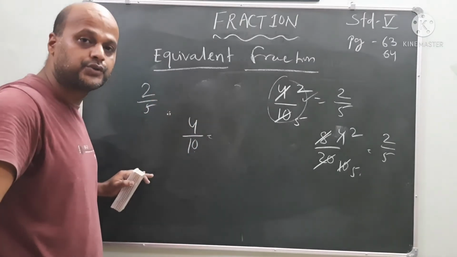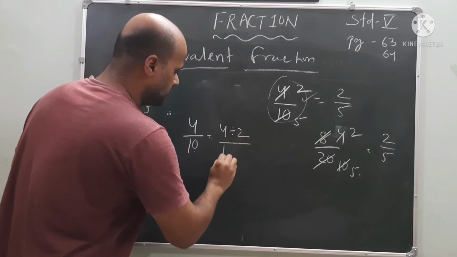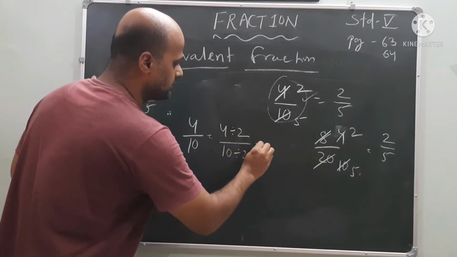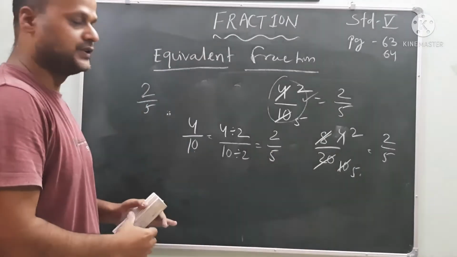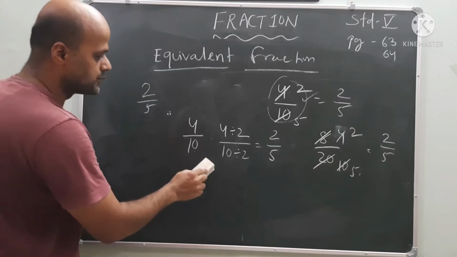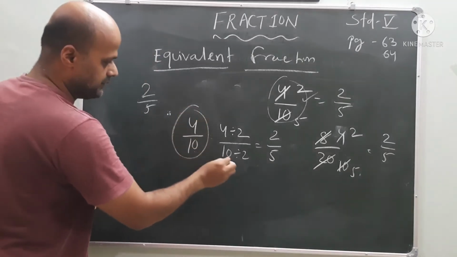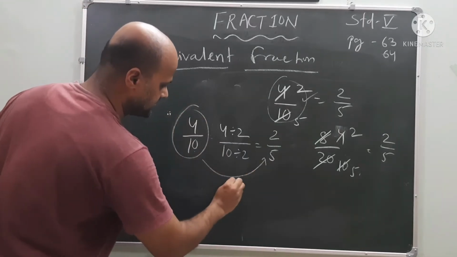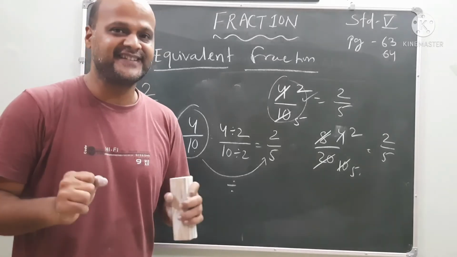So the minimum even number is 2. 4 divided by 2, 10 divided by 2, how much? 2 by 5. Yes or no? So converting a fraction into lowest form by the division method is like this. Understood, my dear friends? It is very easy.